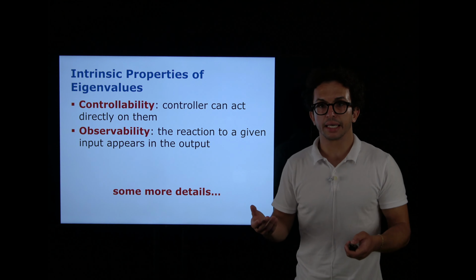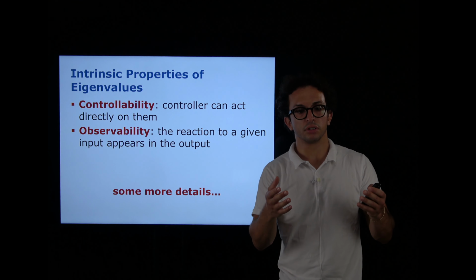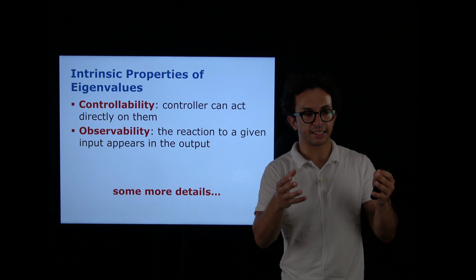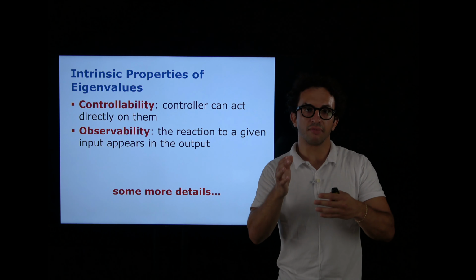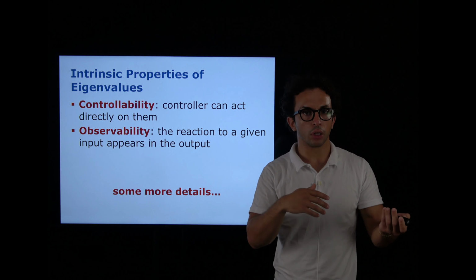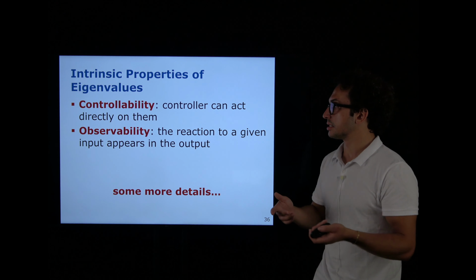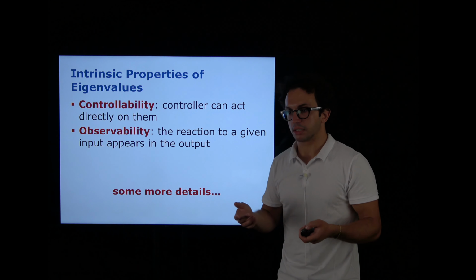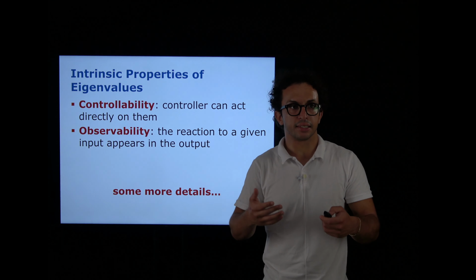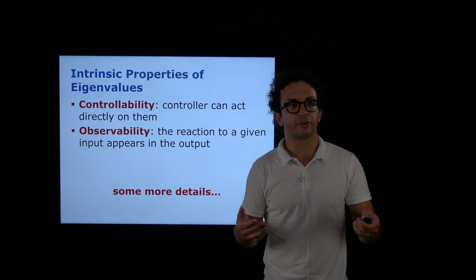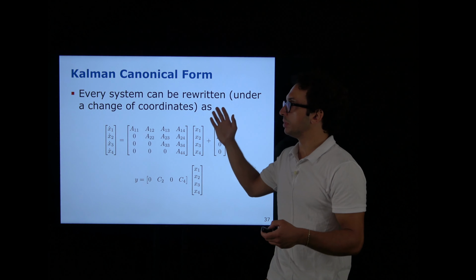Now, based on this, it would be nice to have a shape for the system to say, okay, from this shape, I can see which eigenvalues are both controllable and observable, which are not, and maybe they're only controllable, or only observable, or neither. Actually, these exist. All of the systems, when we are in the time domain, are described by matrices. And since the system is described by matrices, you can find other matrices which are invertible, which happen to be a change of coordinates.